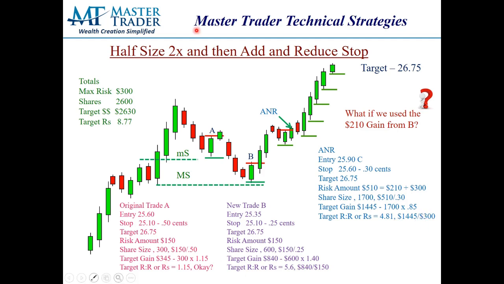Here's the total on this trade with adding: our $210 gain. Our max risk was still $300. I was able to get up to 2,600 shares with a target gain of $2,630 with total R's of 8.77. My advanced money management strategy.